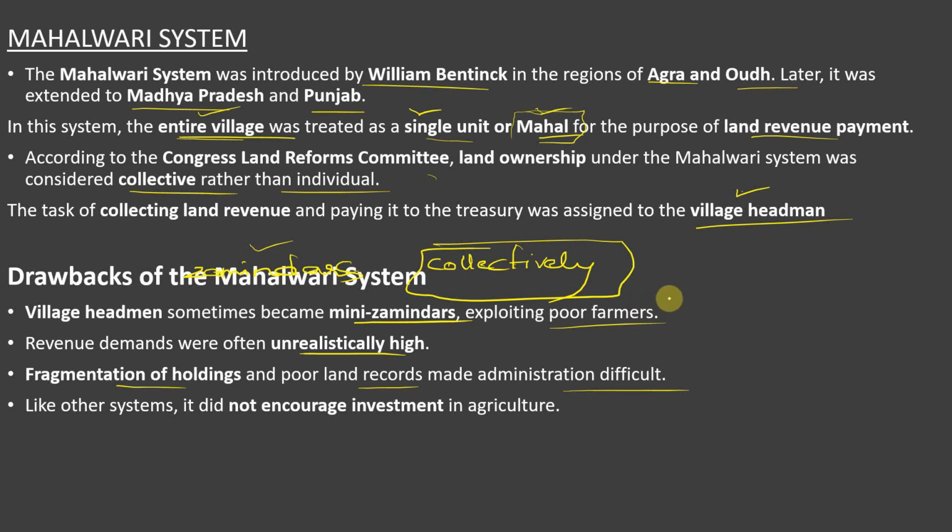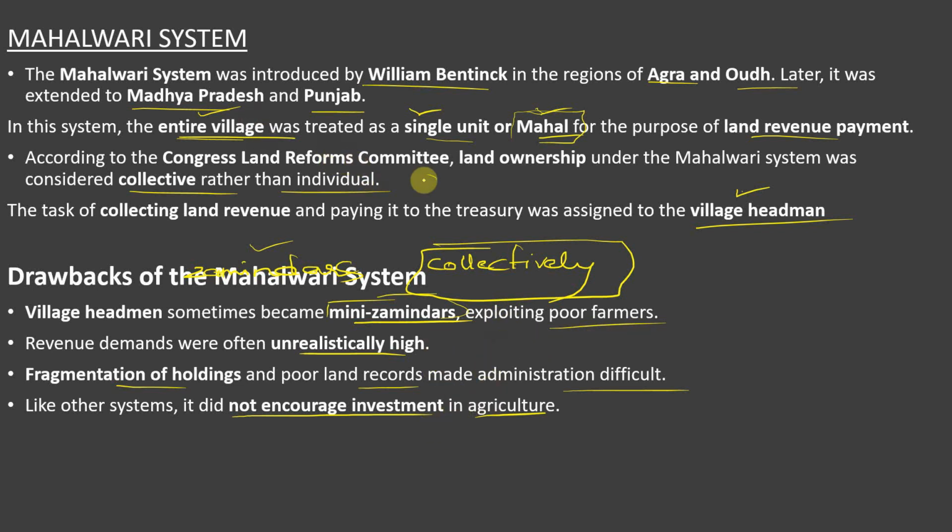So, the drawbacks are similar to those of the Zamindari system, where sometimes the village headmen became mini zamindars and exploited the farmers by imposing high revenues. And there was no proper maintenance of land records, which made the administration of land difficult. Like other systems, it did not encourage investment in agriculture. There was no utilization of modern systems or investment in agriculture.